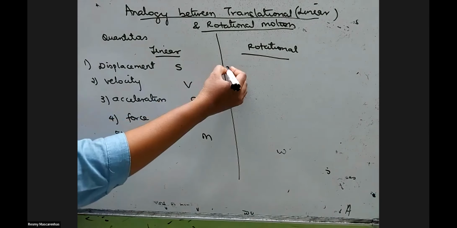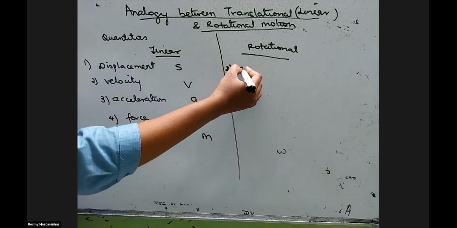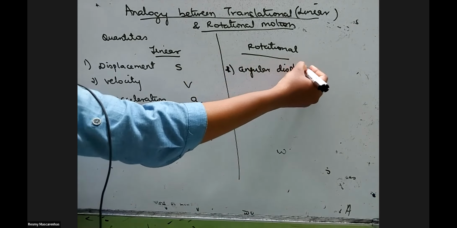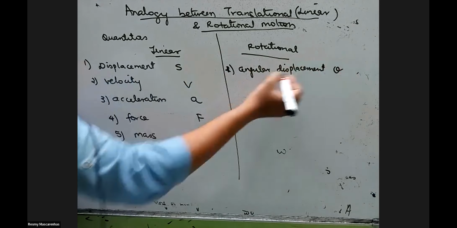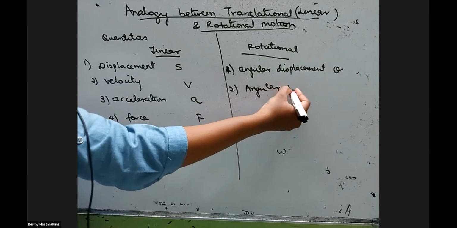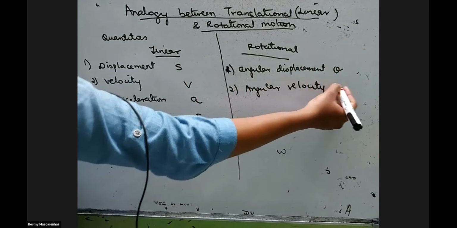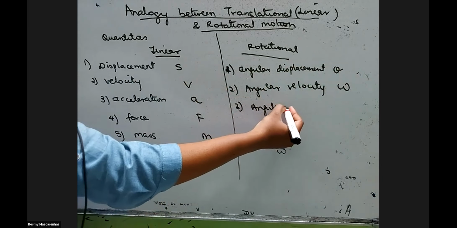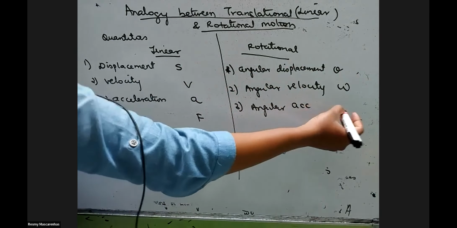This side is called angular displacement, given as theta. Second one, angular velocity, called omega. Third one, angular acceleration, alpha.